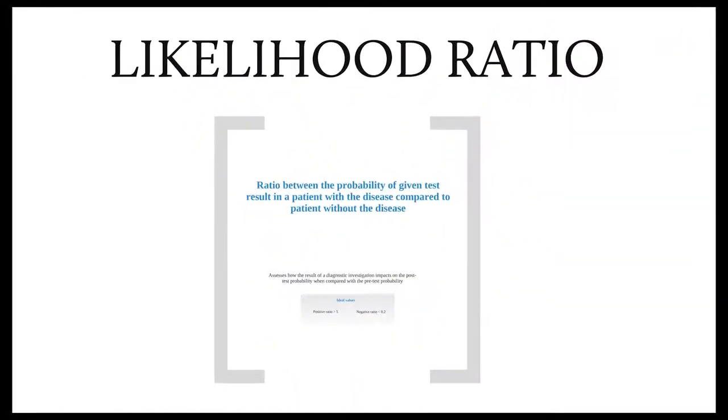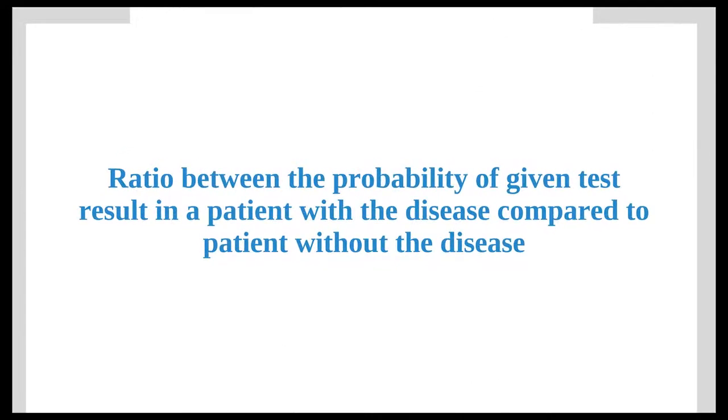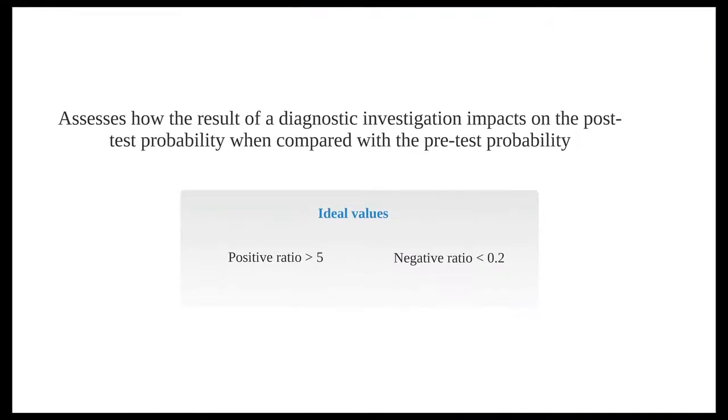And finally, moving on to the concept of the likelihood ratio. What this looks at is the ratio between the probability of a test result occurring in a patient with the disease compared to a patient without the disease. And if we break that down a little bit, we can consider the positive likelihood ratio and the negative likelihood ratio.